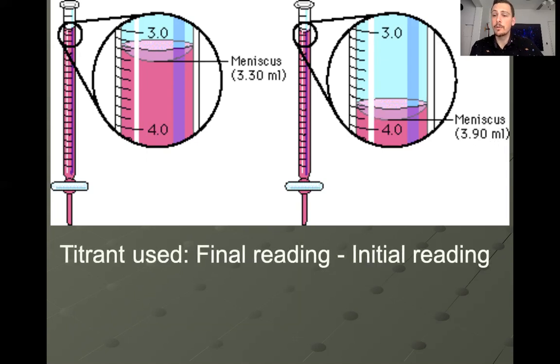So to figure out how much titrant we used, we take the final reading, 3.9 milliliters, and subtract our initial reading, 3.30 milliliters, and that will give you the amount of the titrant used. So plug that into your calculator, or do it in your head if you can.